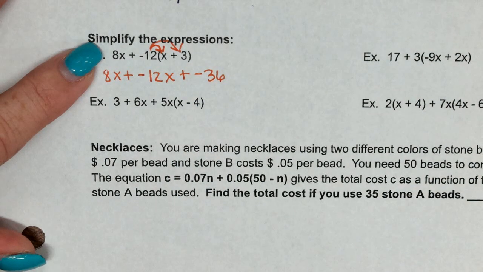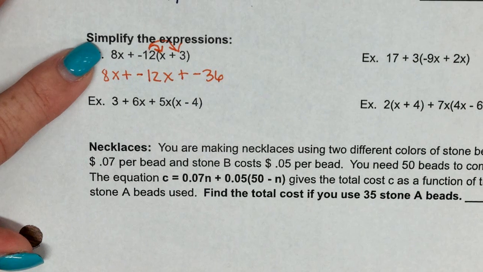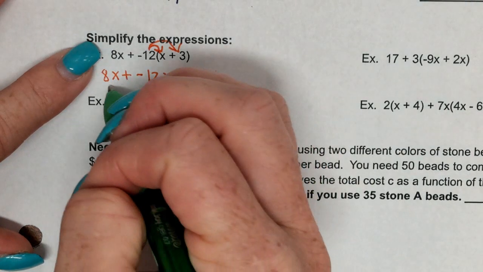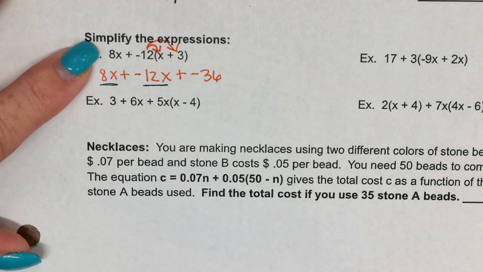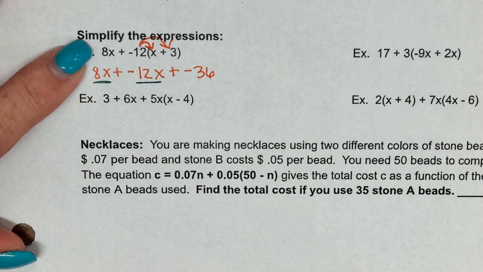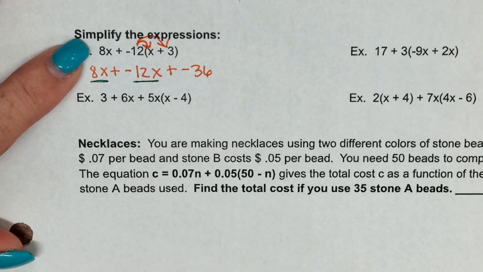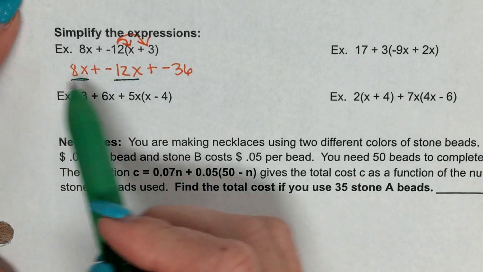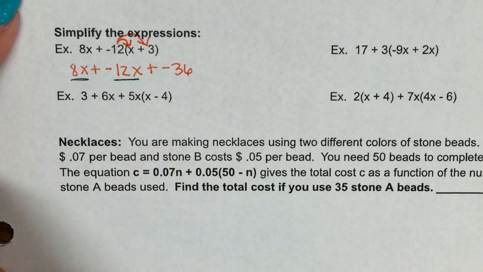Am I done? No. Why am I not done? I must combine like terms. And I think this is why some of you missed them from the assignment yesterday, is you didn't combine the like terms after you did distributive property. What is 8x plus negative 12x? Negative 4x.